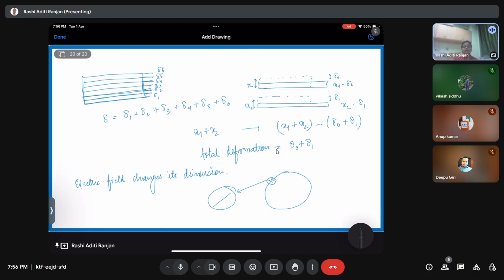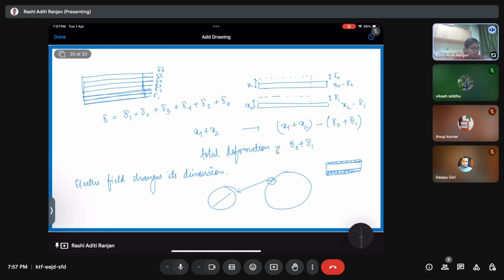Like in the case of dielectric elastomers, there's a layer of elastomer, and then we have electrodes over here.